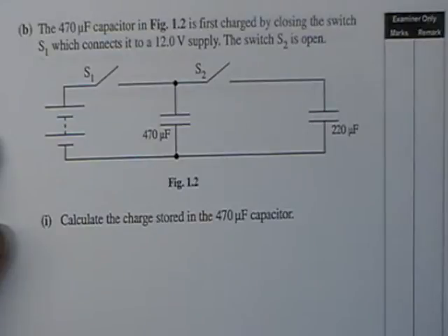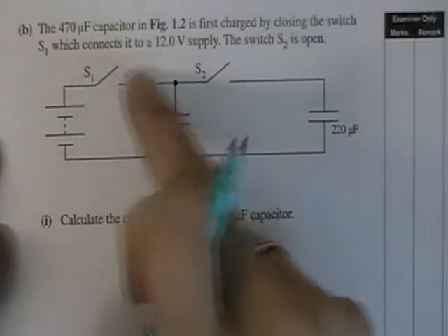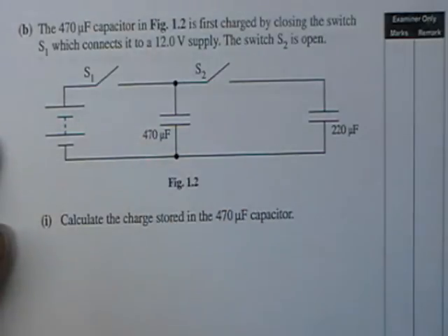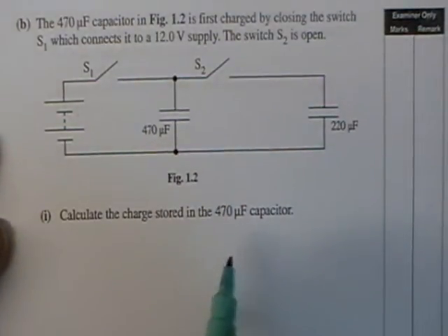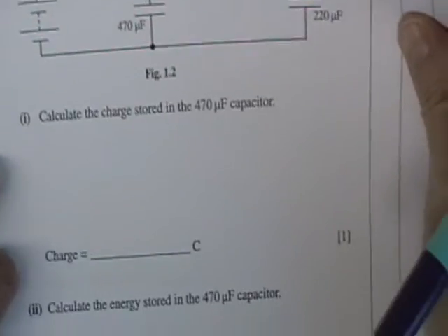This is part B. The 470 microfarad capacitor in figure 1.2 is first charged by closing the switch S1, which connects it to a 12 volt supply. So this is charged then to 12 volts. The switch S2 is open. Calculate the charge stored in the 470 microfarad capacitor.